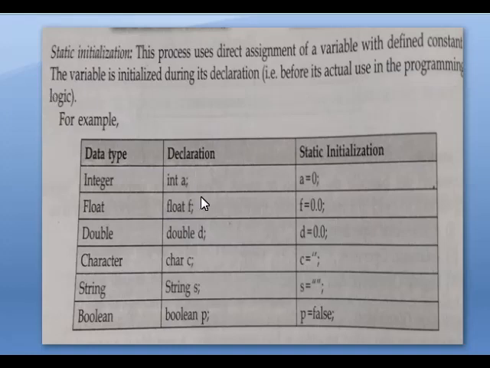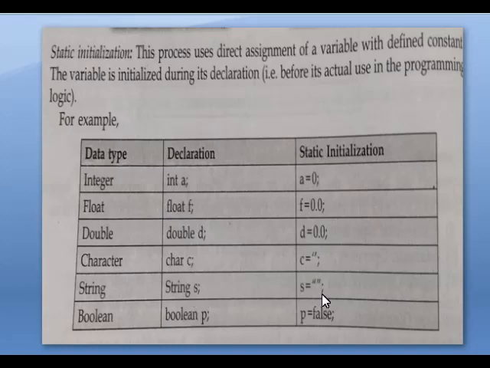For example, see, int a, the variable a is integer, so we assigned the value of a as 0. Here float, so we assign the value of float as 0.0, double, 0.0, character. There are two single quotes with a space between them, that is empty character.